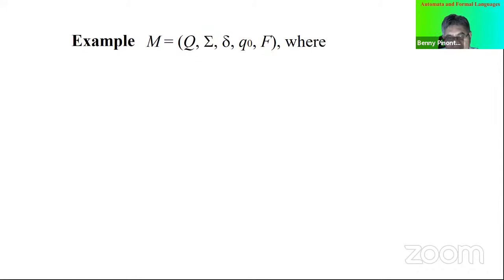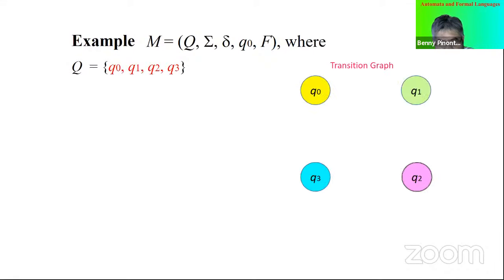So for example, this automaton has Q, sigma, delta, Q0, and F, where Q is the set of Q0, Q1, Q2, and Q3. We picture that like this.